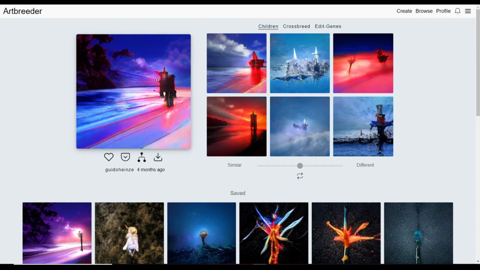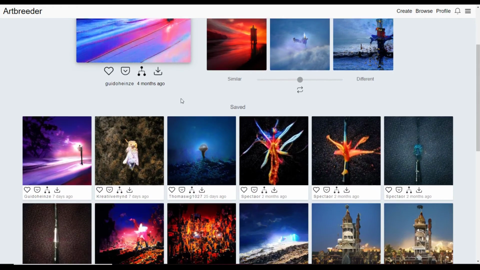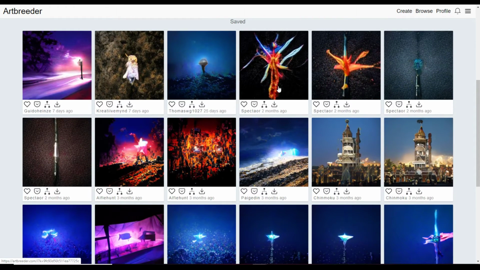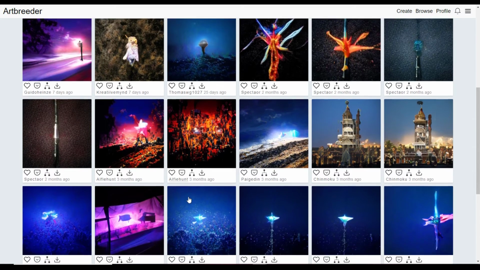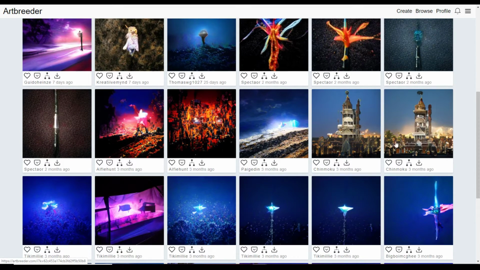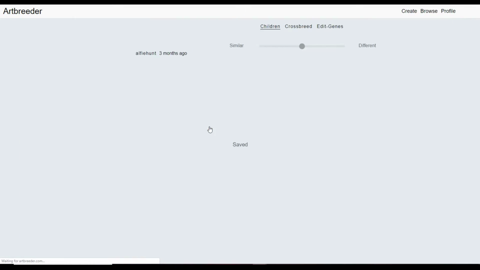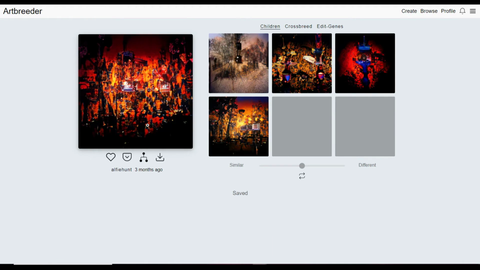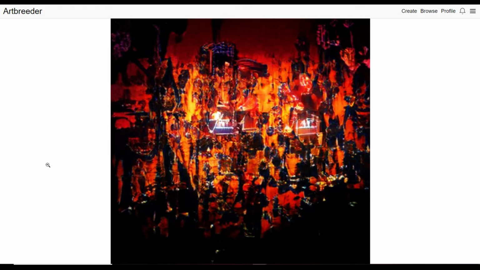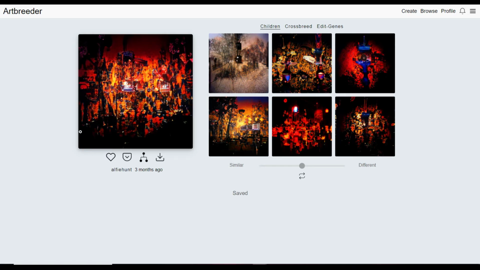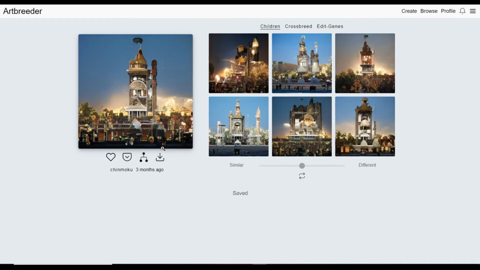This image that looks kind of like a lighthouse derived all of these images. Some of them are really spectacular here. This one doesn't seem related at all. This one looks kind of horrific, like a volcano, magma sort of place, hellish environment.